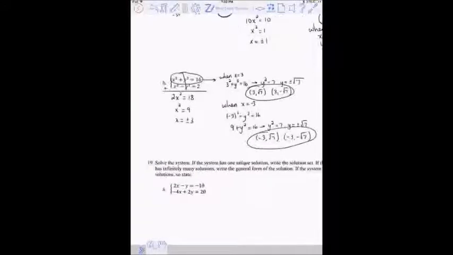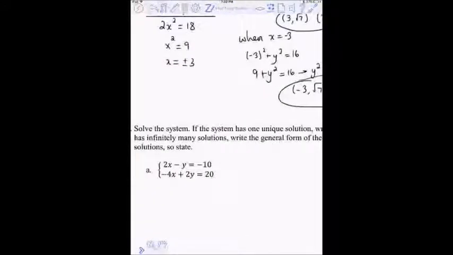Okay, so now we're back to solving linear systems of equations. For this one, if I multiply the top equation by 2, I would get 4x minus 2y equals negative 20.